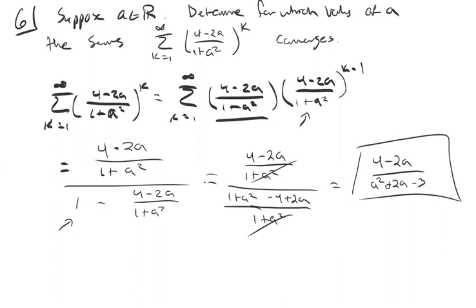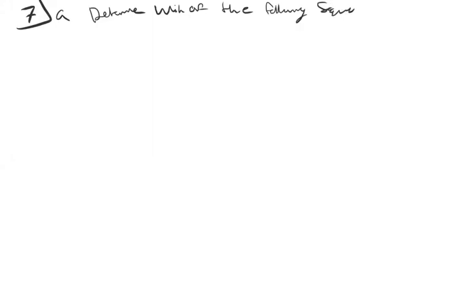So, okay, let's take a breath. 7a. So determine which of the following sequences are increasing, decreasing, not monotonic.